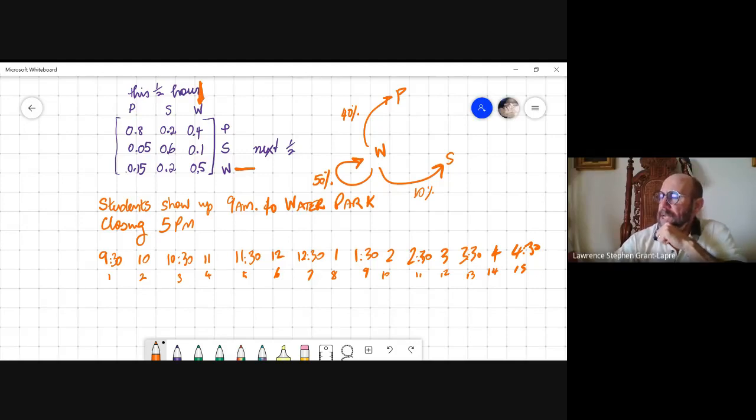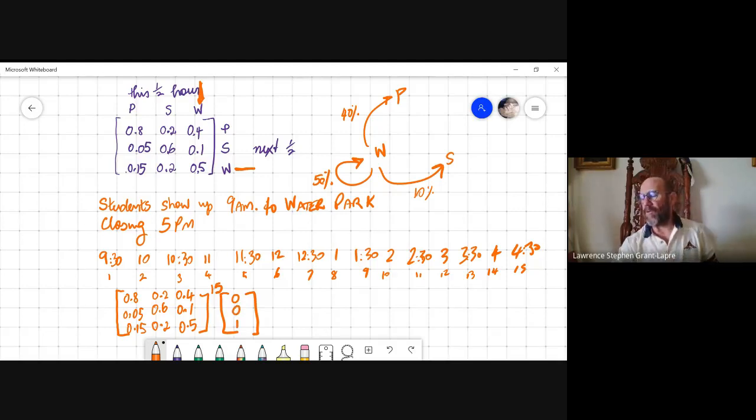So what we have to do is take this matrix, which is 0.8, 0.05, 0.15, 0.2, 0.6, 0.2, 0.4, 0.1, 0.5, and raise it to the power of 15 migrations on an original matrix, the starting matrix, and we will put everyone in the water.